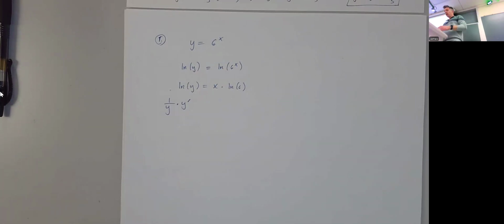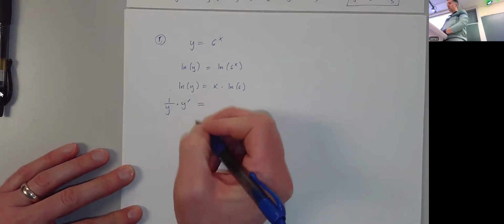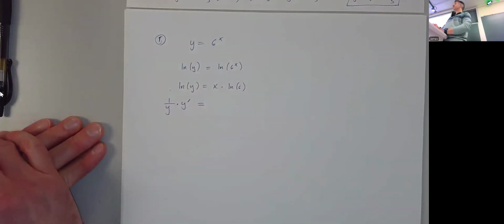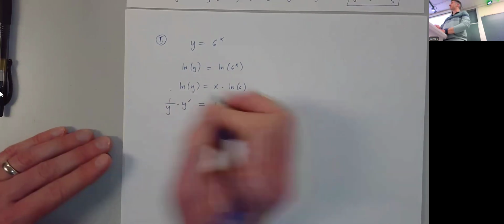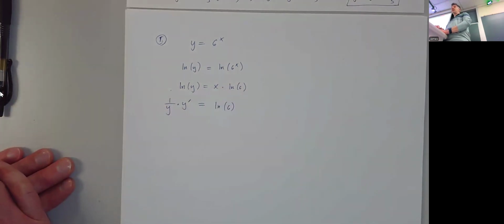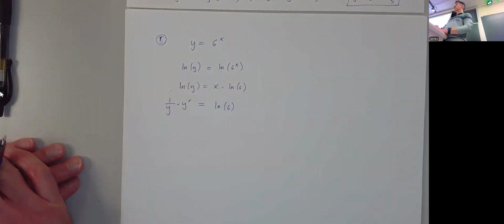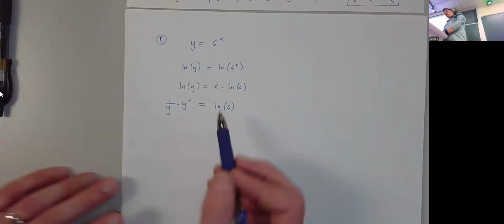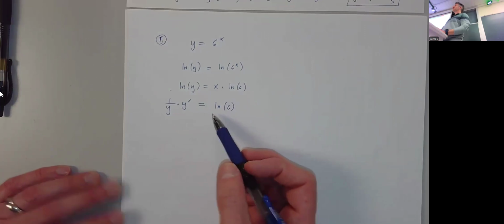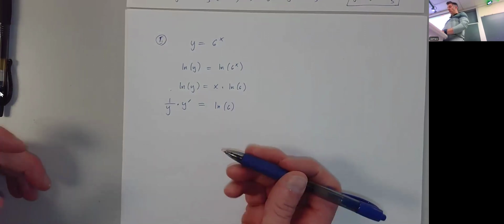On the other side, we have x times a constant. And the derivative of x times a constant is just the constant. Natural log of 6 is a constant. It's not lovely, but it is just a constant. Just like the derivative of 7x is 7, the derivative of natural log of 6 times x is natural log of 6. And then we solve for y.